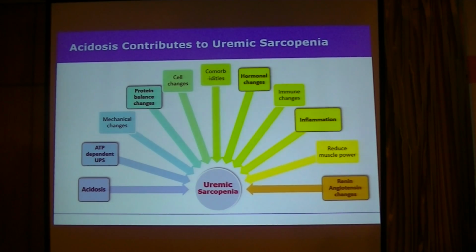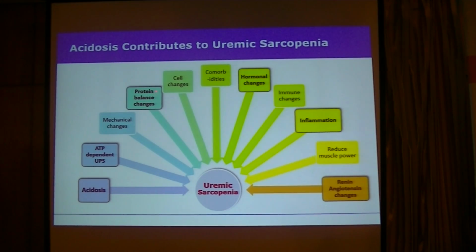Now, if you integrate all these elements, the acidotic status activates ubiquitin. It has some impact on protein balance changes. This is a sort of hypercatabolic state, activating hormone changes, activating inflammation, reducing muscle power, and also having some activity on the renin-angiotensin system.